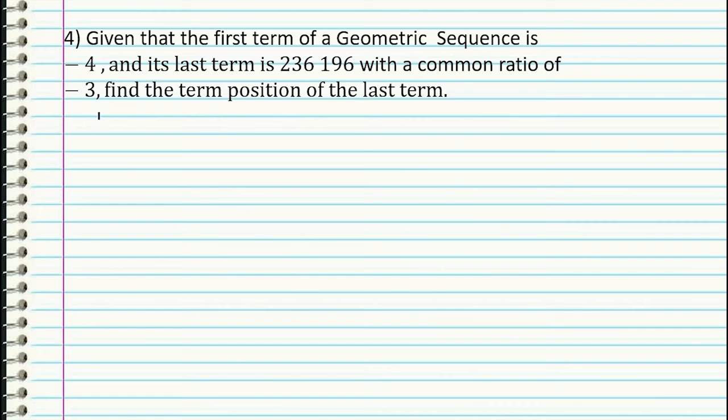Now we have to use the formula again: a sub n equals a sub 1 times r raised to n minus 1. Given the conditions in this problem, we have negative 4 as our first term and a sub n as our last term. Then r is negative 3.